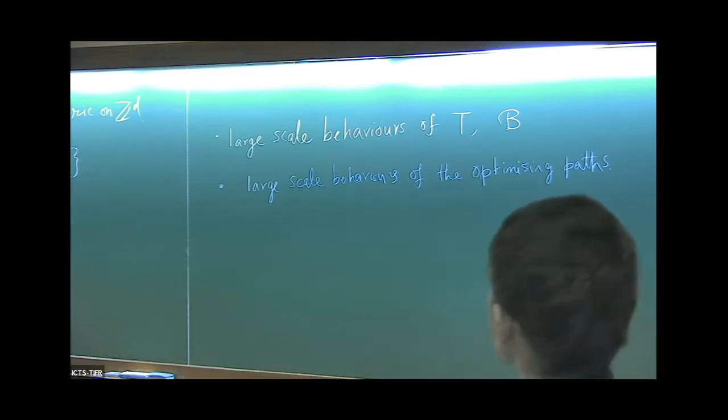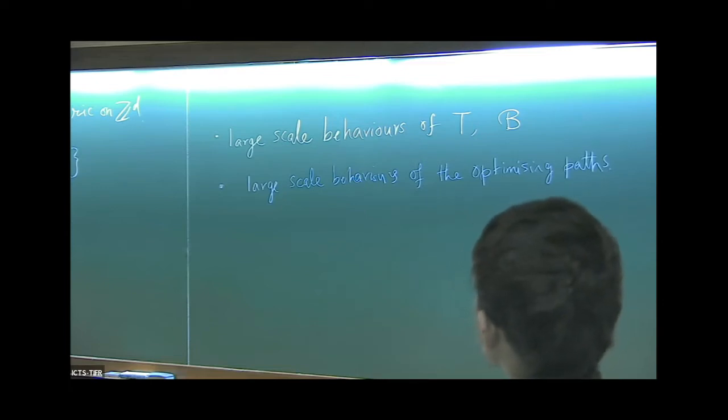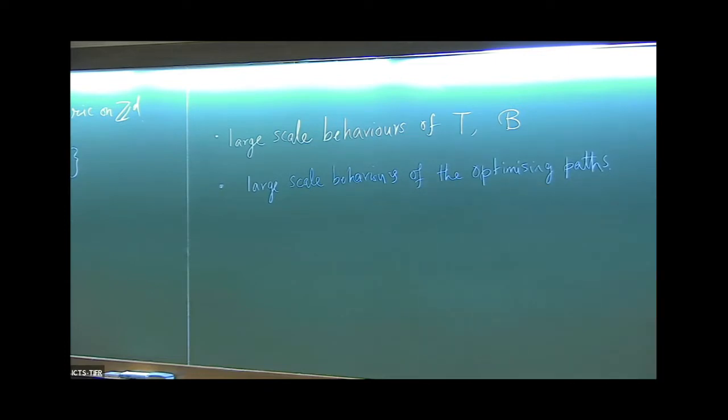So you have some gamma, possibly more than one, such that T(u,v) is the length of gamma, a path connecting u and v. And it's interesting to understand the large scale geometry of these geodesics. So these are some of the most fundamental questions in this model.